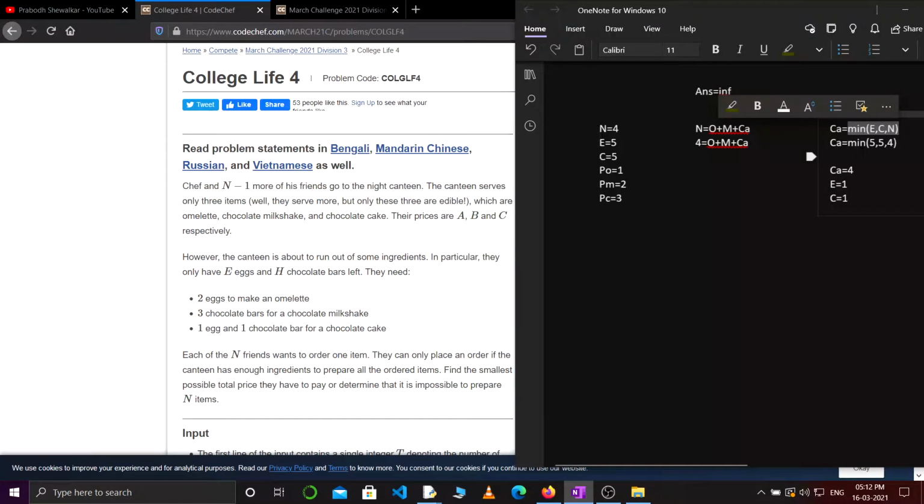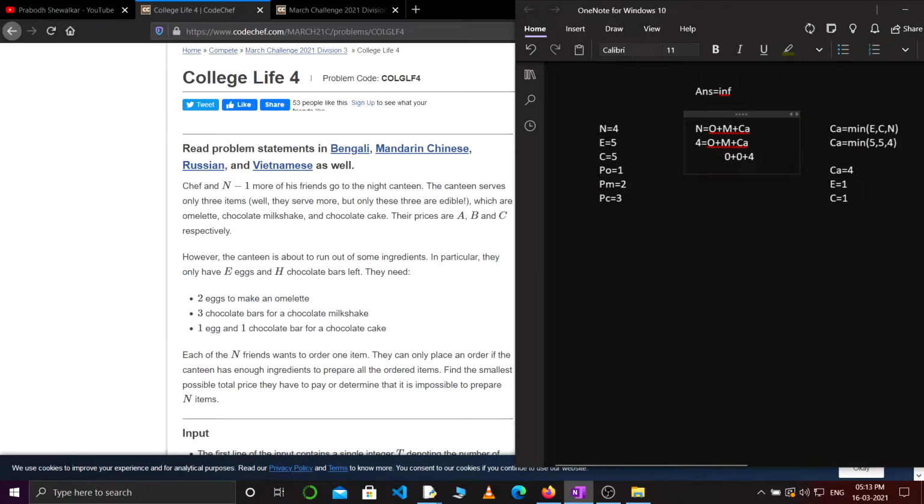So in this case, how many cakes can we make at maximum? 4. So available number of eggs will be 1 because there are 5 eggs, so 5 minus 4 is 1, and available chocolates now will be 1. So if I am having 4 cakes, in this case I don't need to buy anything else, right?